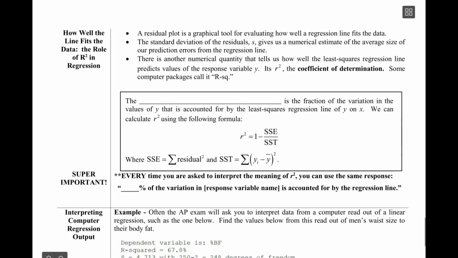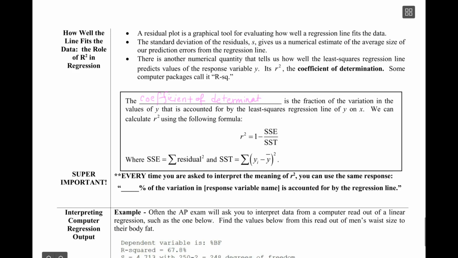So in this first one, the coefficient of determination. So this one has a crazy name. Coefficient of determination. I don't know why it almost sounds like it's a superhero power.